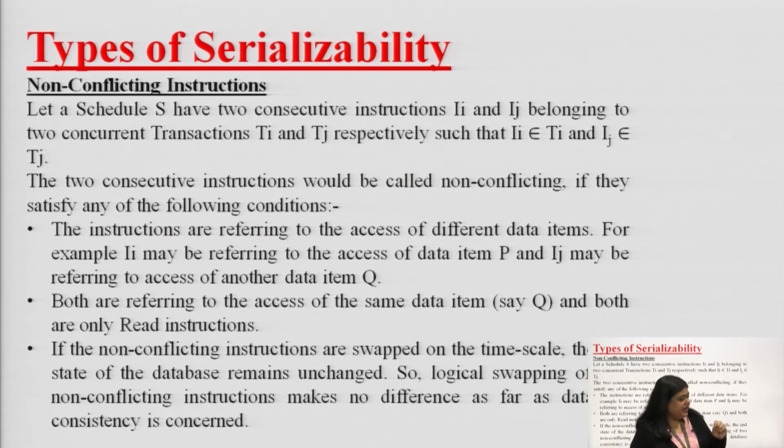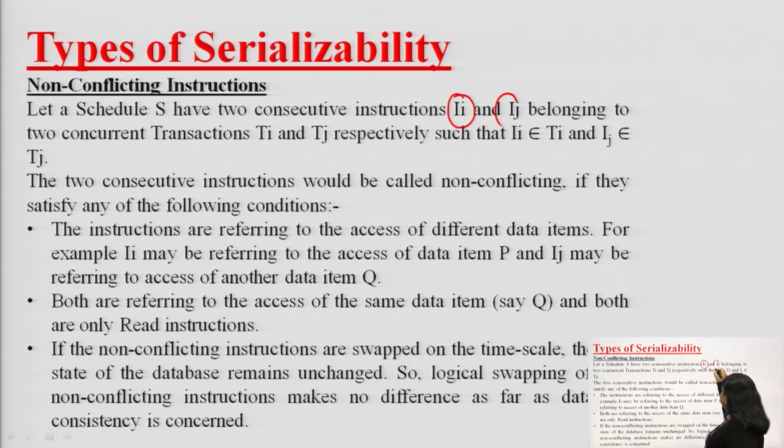It says, let a schedule S have two consecutive instructions Ii and Ij. So, schedule S is there, and it has two instructions Ii and Ij. Ii belongs to a transaction Ti and Ij belongs to a transaction Tj respectively.